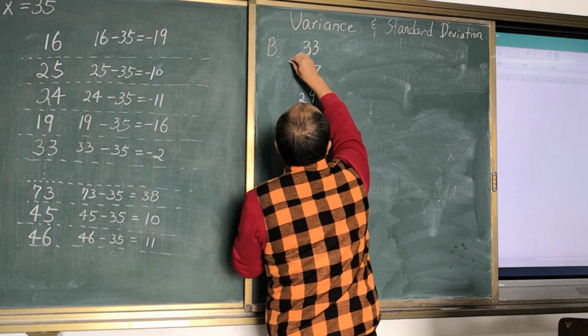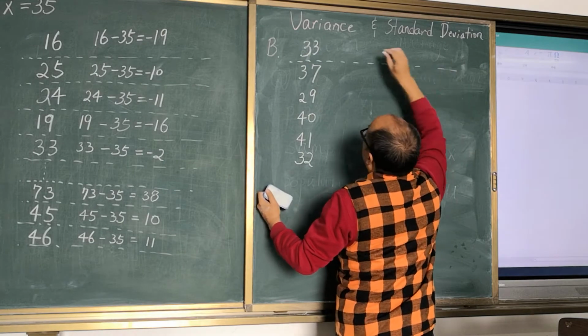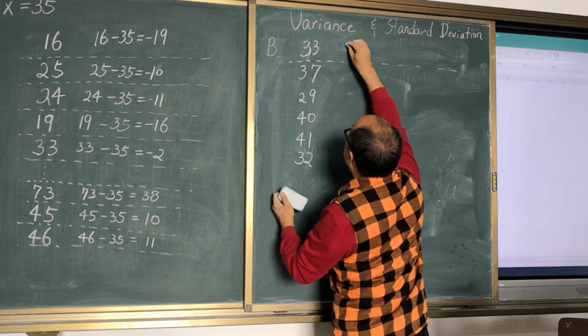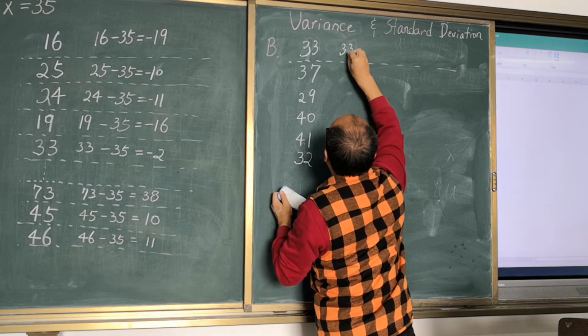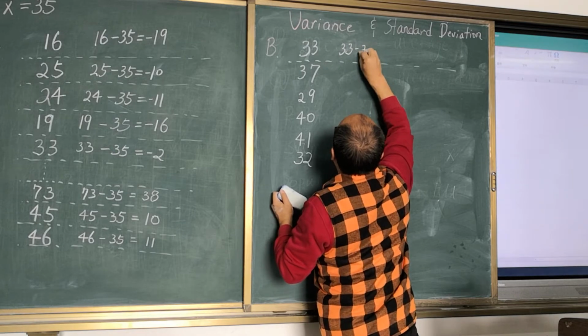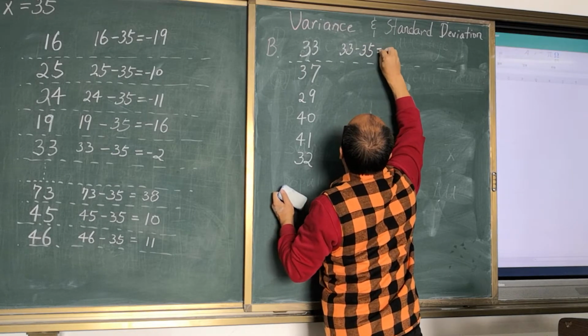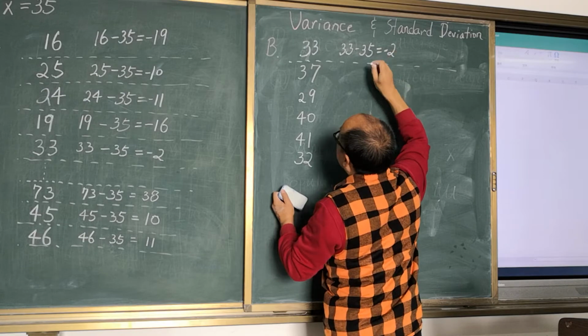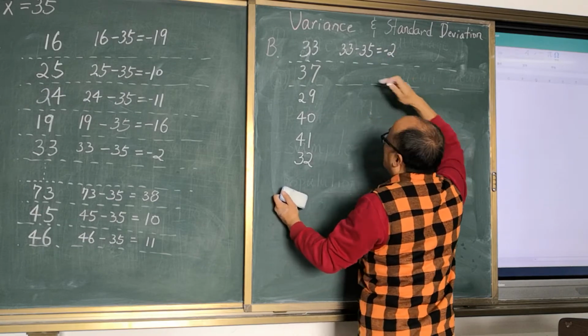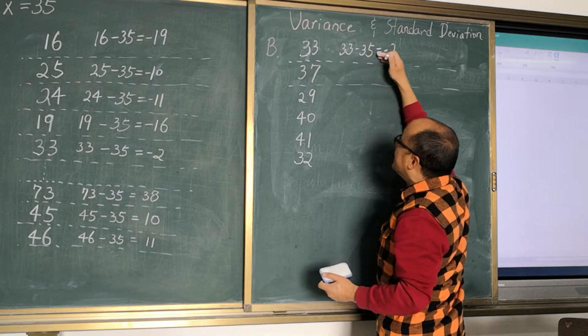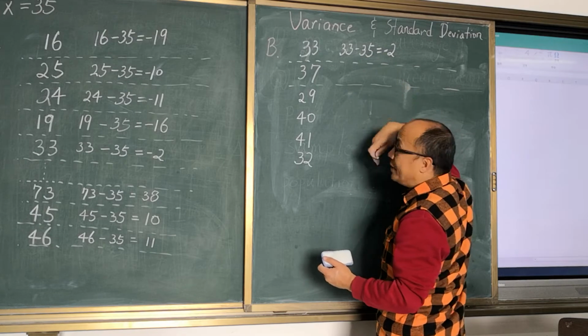Then, if we calculate the difference, the first one is minus 2, so the first season he's 2 below his average.